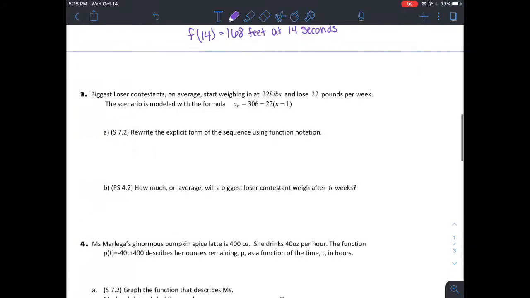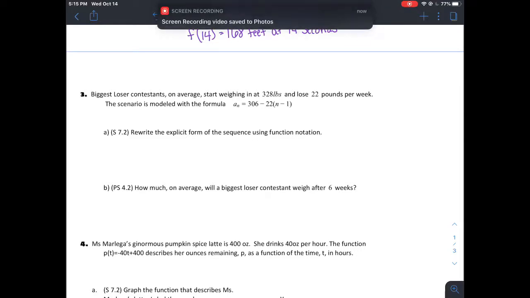Okay, and we're on the next page. Number 3: Biggest Loser contestants on average start weighing in at 328 pounds and lose 22 pounds per week. The scenario is modeled with the formula A sub n equals 306 minus 22 times n minus 1.